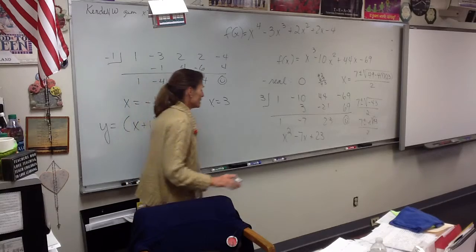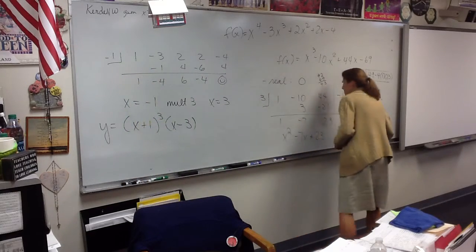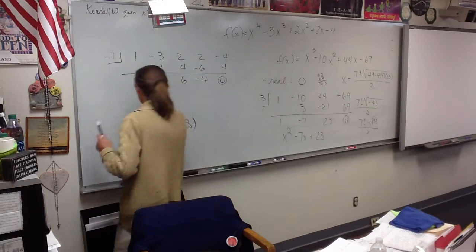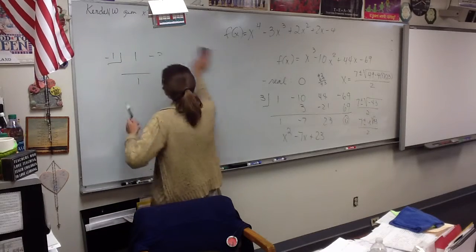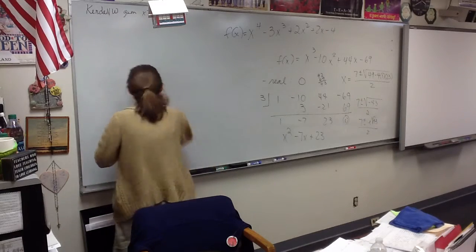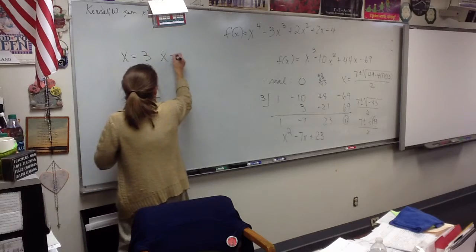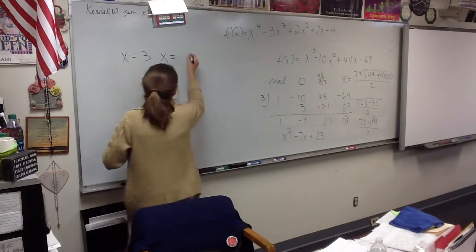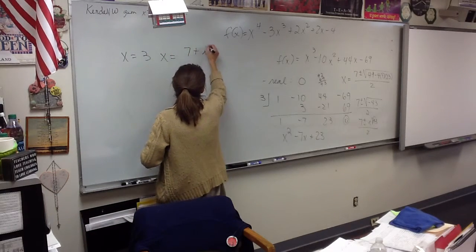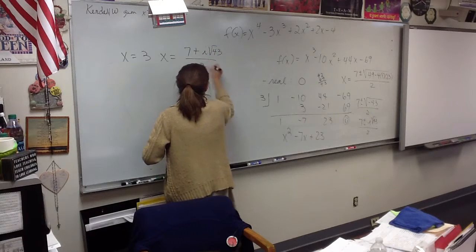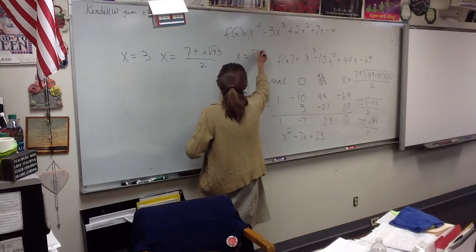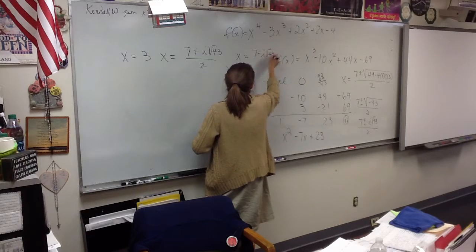Yeah. So what are our zeros? One of them was 3, and another one was 7 plus i root 43 over 2, and 7 minus i root 43 over 2.